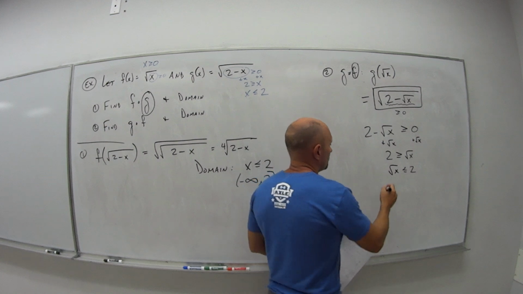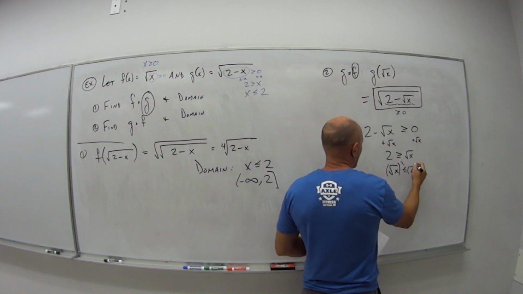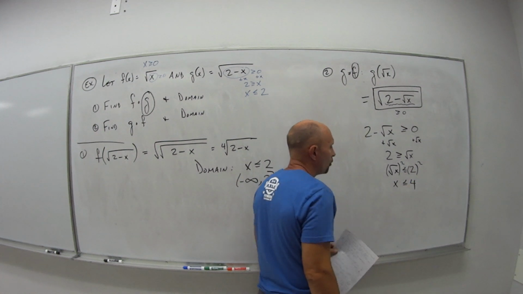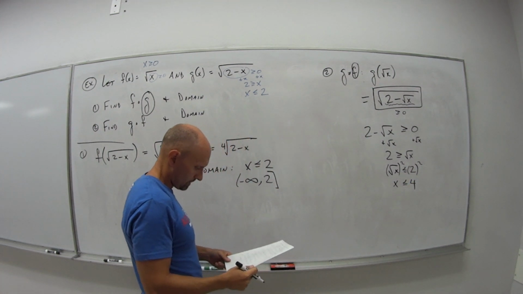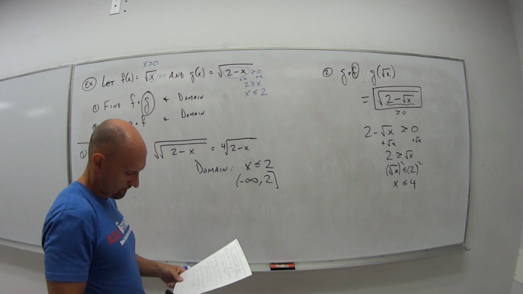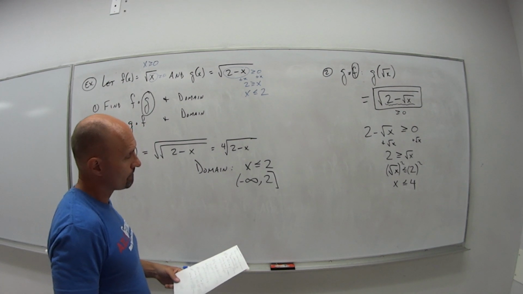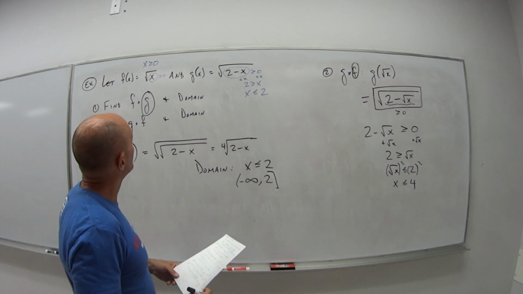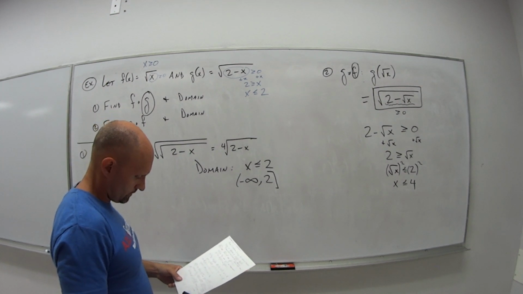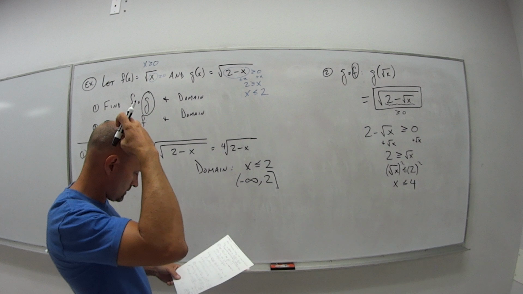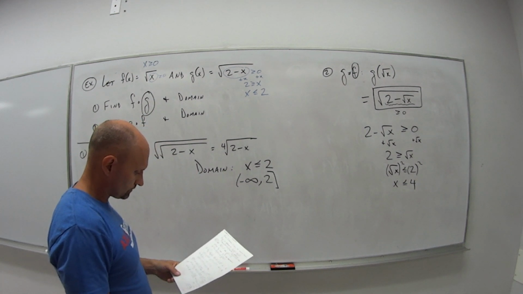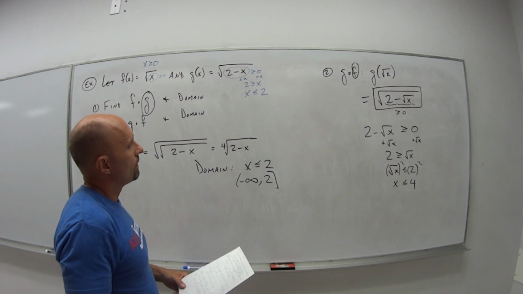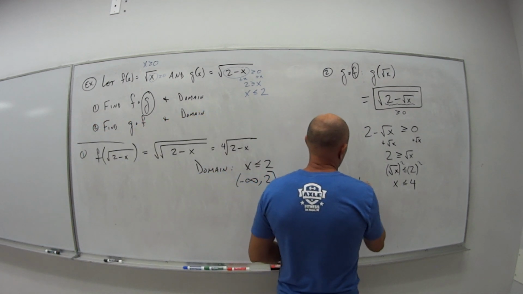So to get x by itself, what? I have to square both sides. That means x is less than or equal to 4. So now, this is the domain for the composite function.